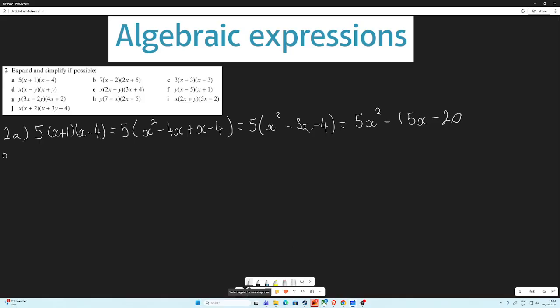Okay. Question 2b. We're going to do it the same way. So 7x minus 2, 2x minus 5 is equal to 7 bracket 2x squared minus 5x minus 4x plus 10.